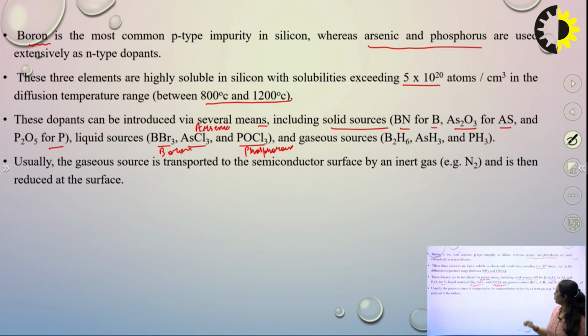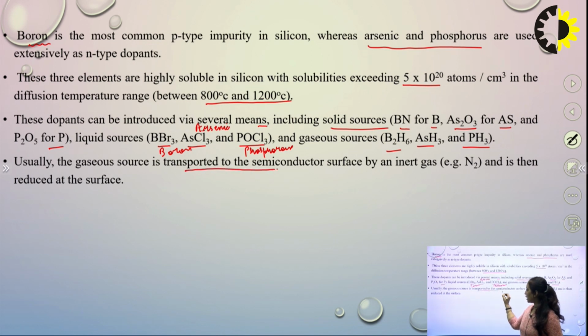And in the gaseous form, we can have B2H6 for boron, AsH3 for arsenic, and PH3 for phosphorus. These could be the sources for these dopants. And usually the gaseous source is transported to the semiconductor surface by using some inert gas like nitrogen, and this is then reduced at the surface.